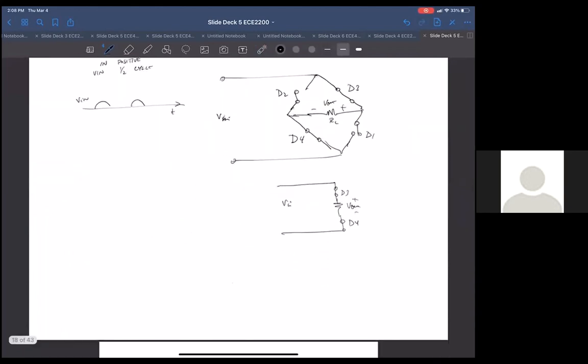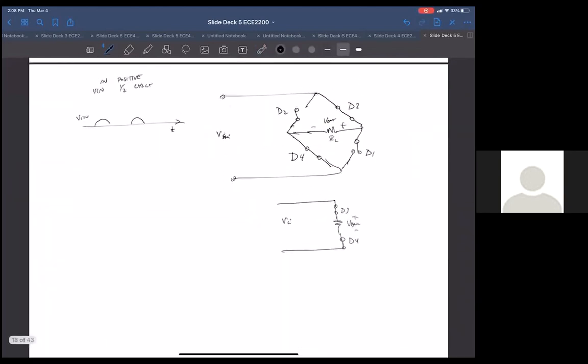So for the positive half cycles, V out is just equal to Vin, and for these ones also, V out is going to look like that.